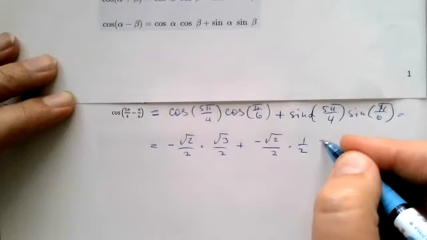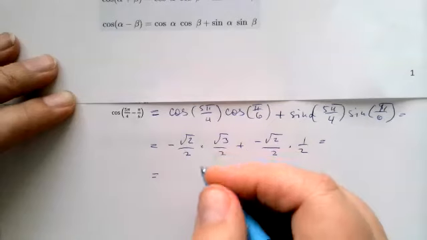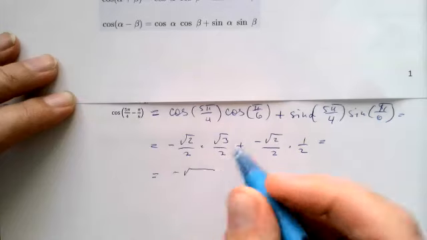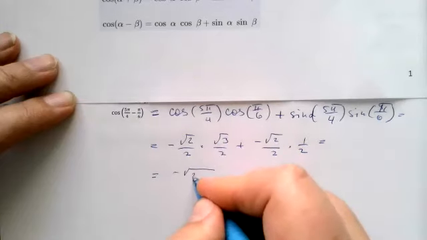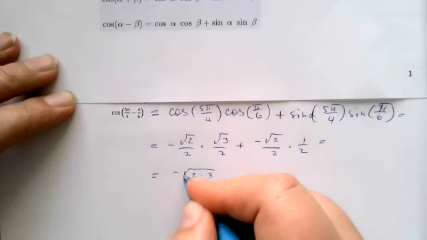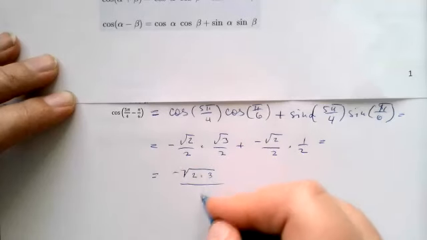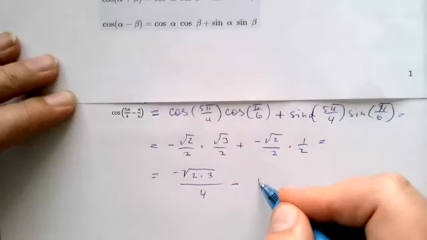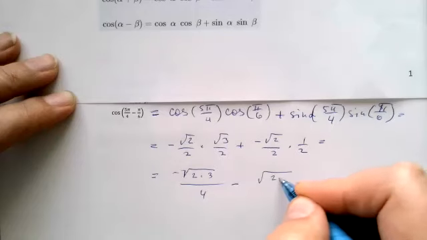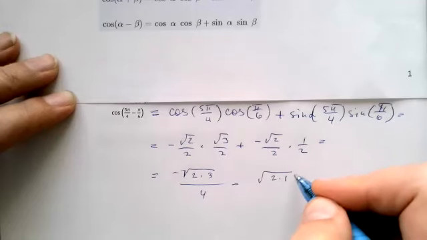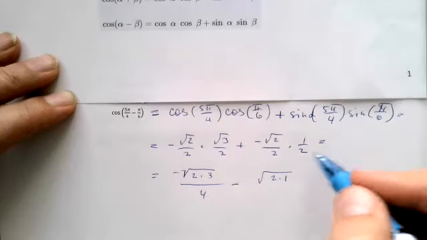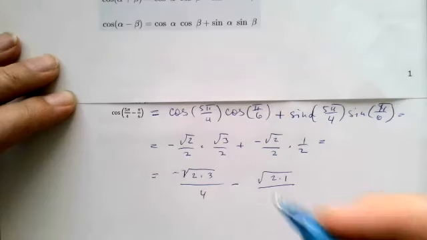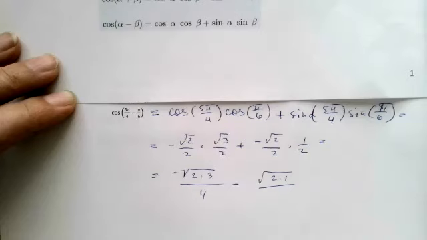Well, let's multiply and simplify. So we have negative root of, we're going to combine the two roots under 1. Two times 1 over... I put 1 under the root because square root of 1 is also 1.